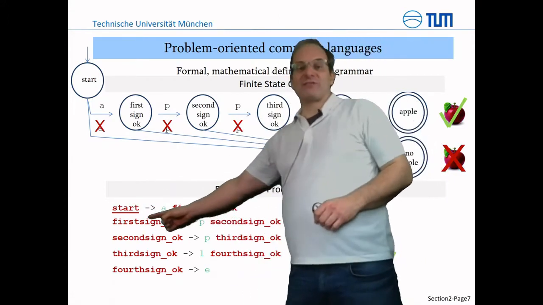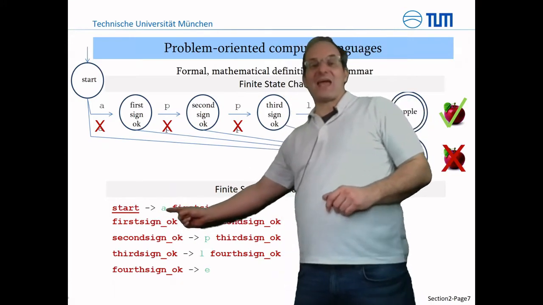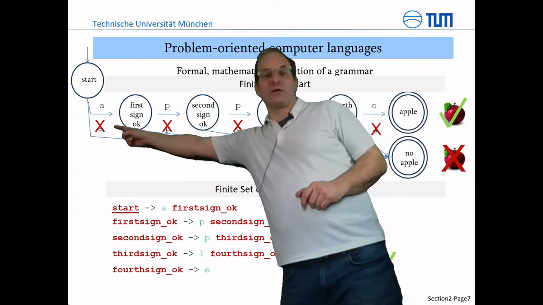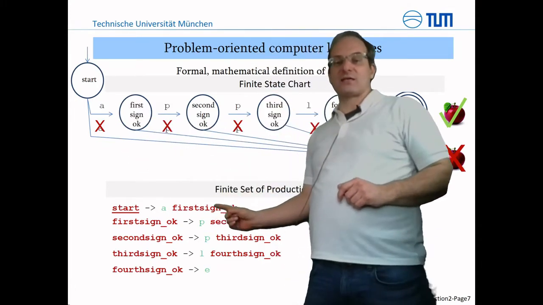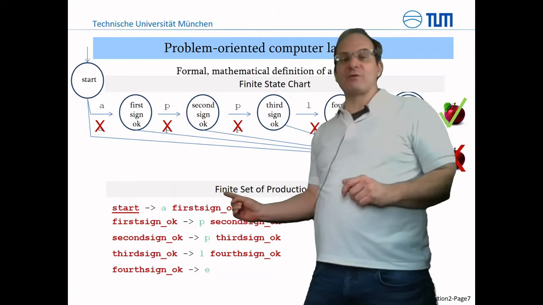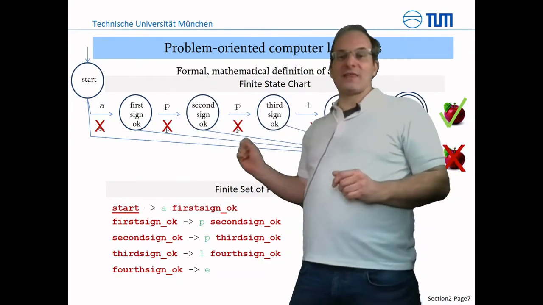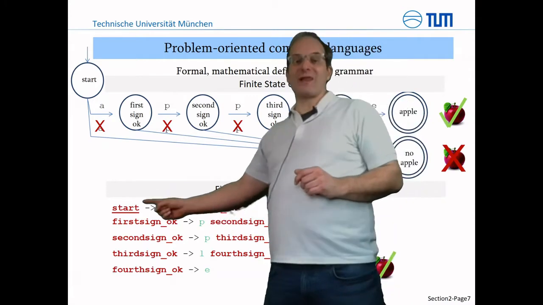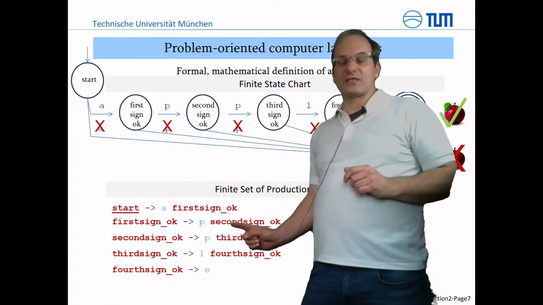This means we have a starting point, and we replace the starting point by A, which is our terminal character, and a rest. And the rest is a non-terminal which can be replaced again. So the rest is this here. And then we replace this rest again with P and a rest.